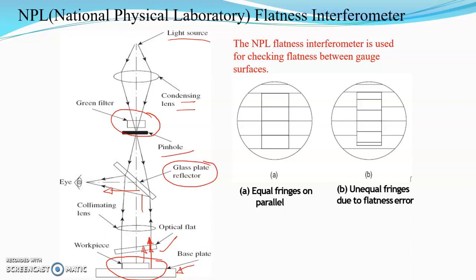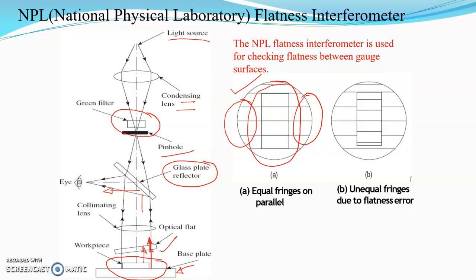The image of interference fringes as seen on the eyepiece is given here. This portion is the interference fringes generated by the optical flat and the base plate, and the middle portion within this rectangle is the interference fringes produced by the beams of light from the workpiece and optical flat.